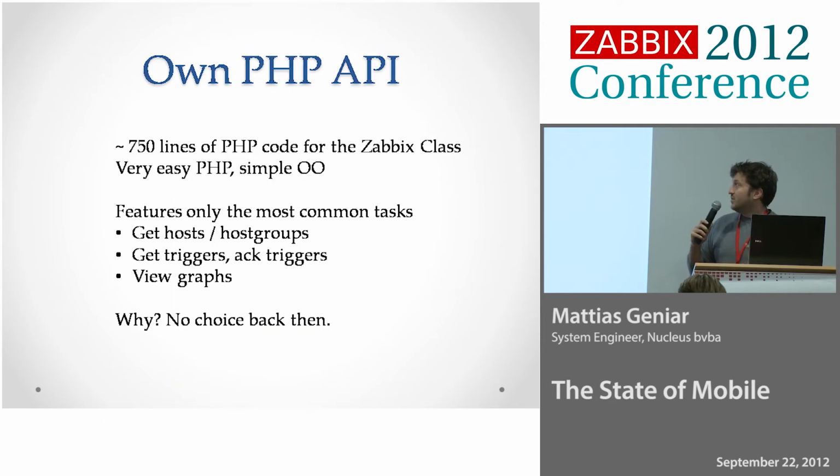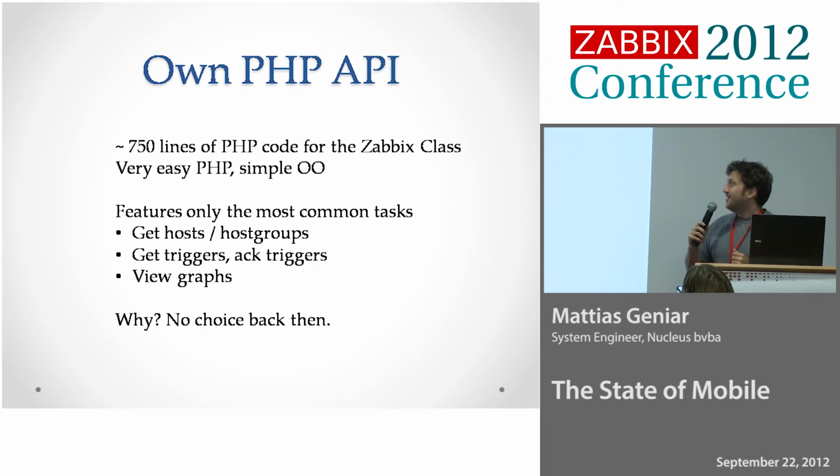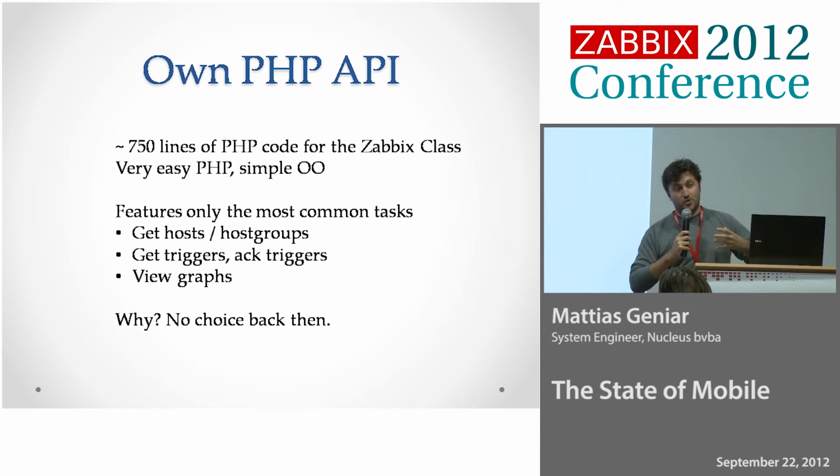Now, when I started this, about 2 years ago, I did not find a good PHP API. Now, the person talking after me will hopefully say he has a much better API. I will gladly switch. This is a hack and slash class that I made for interpreting the Zabbix API via PHP. Means it is easily written and hardly has object-oriented structures in it.